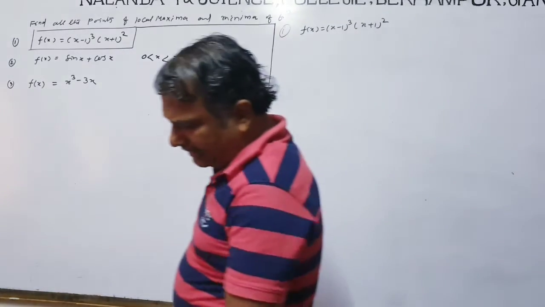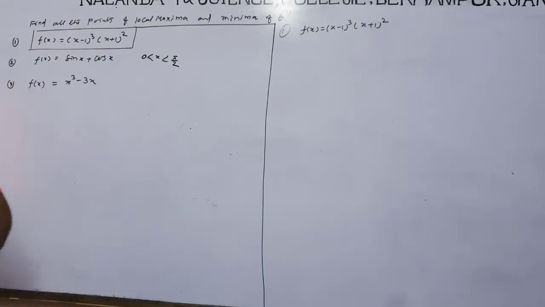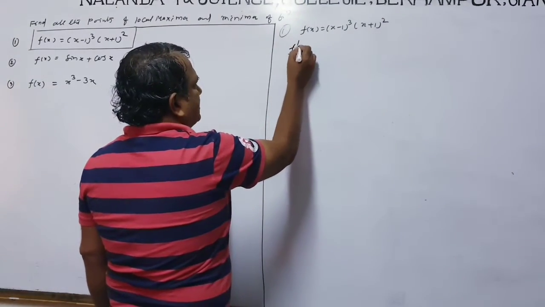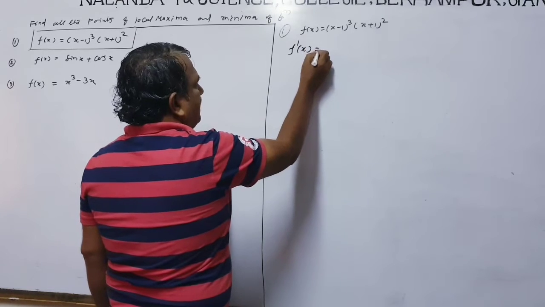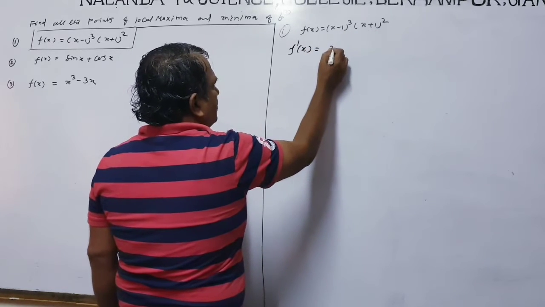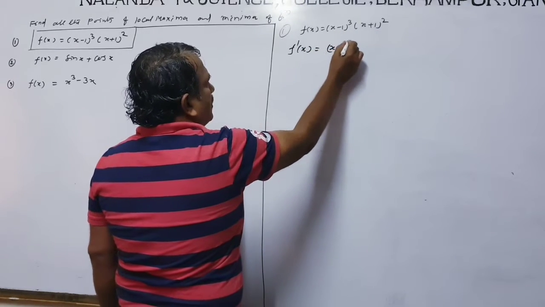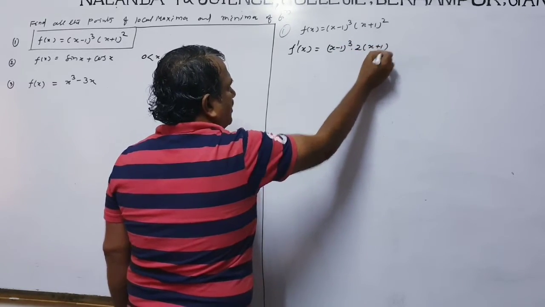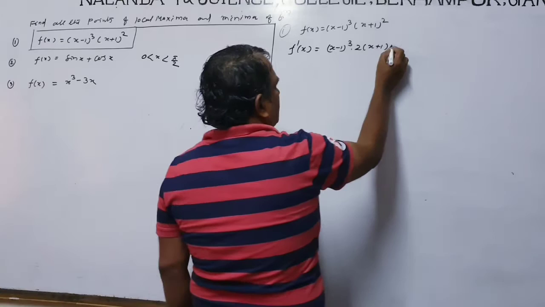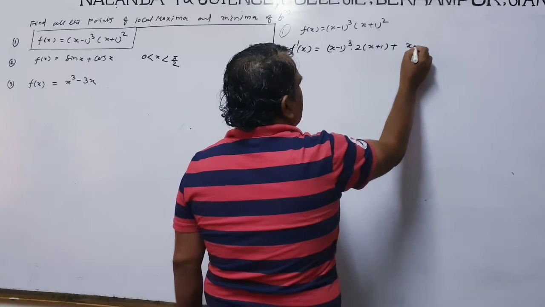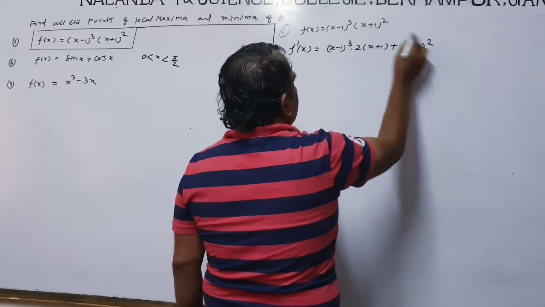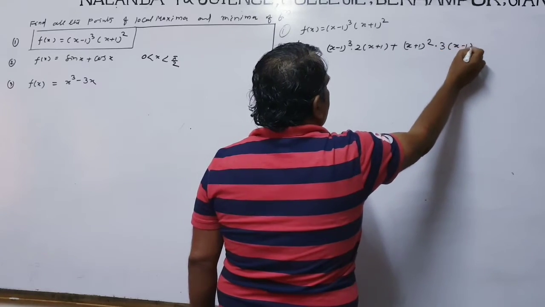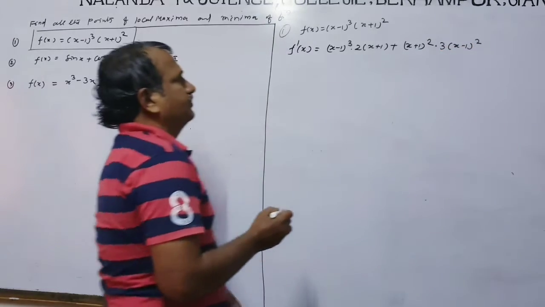Now first find the derivative. So f dash x or dy by dx: derivative of u into v, u into derivative of v, 2 into x plus 1, plus v into x plus 1 the whole square into derivative of this one, 3 into x minus 1 the whole square.